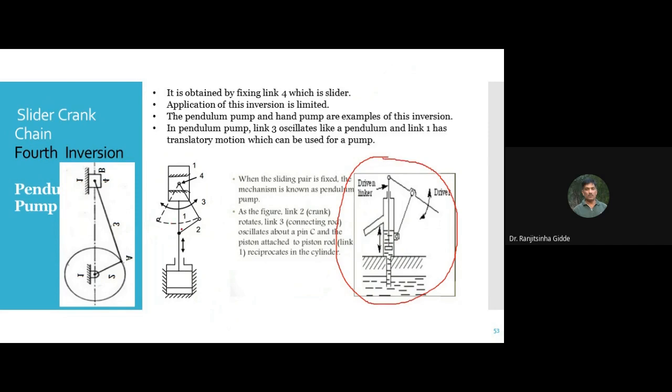So the fourth inversion, or pendulum pump, is an inversion of, there will be an option, whether it is 4-bar chain inversion, slider crank chain inversion, or double slider crank chain inversion.